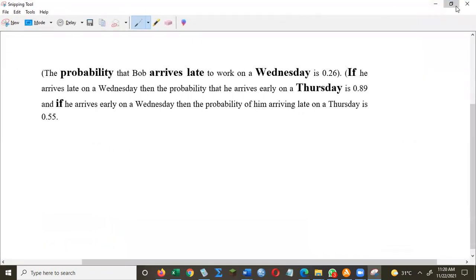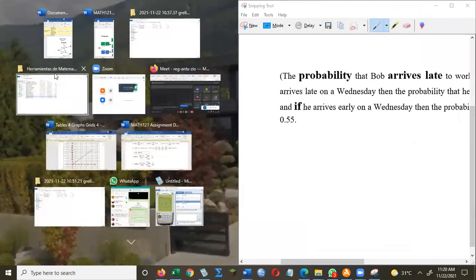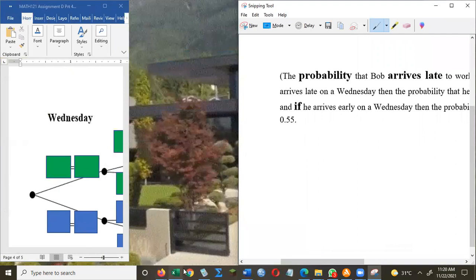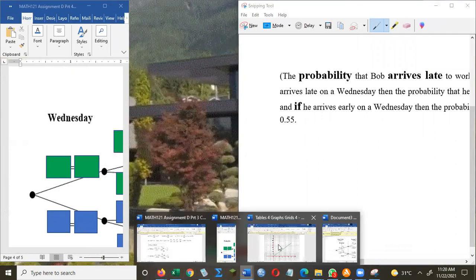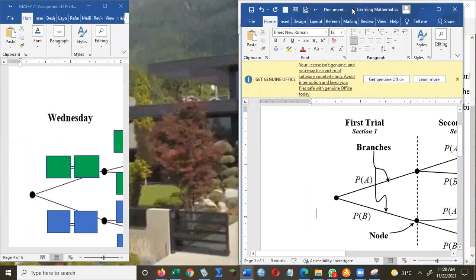And here it is. The first section is called a Wednesday.